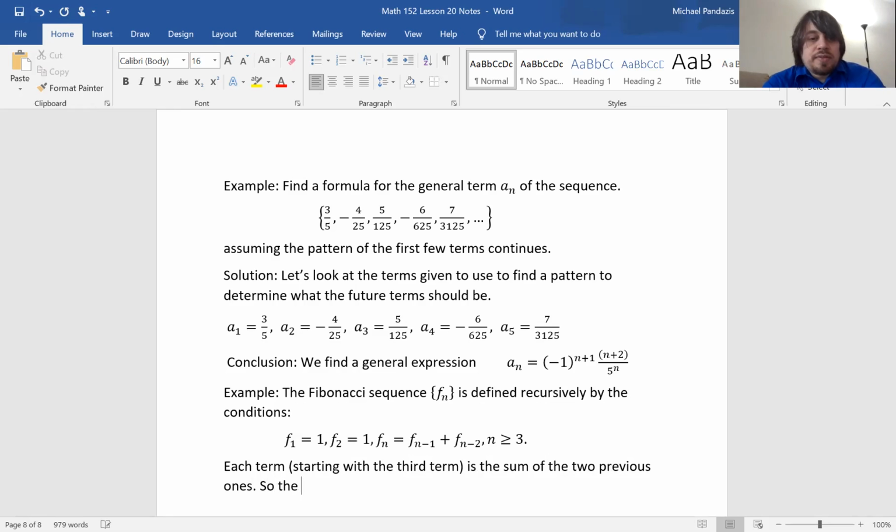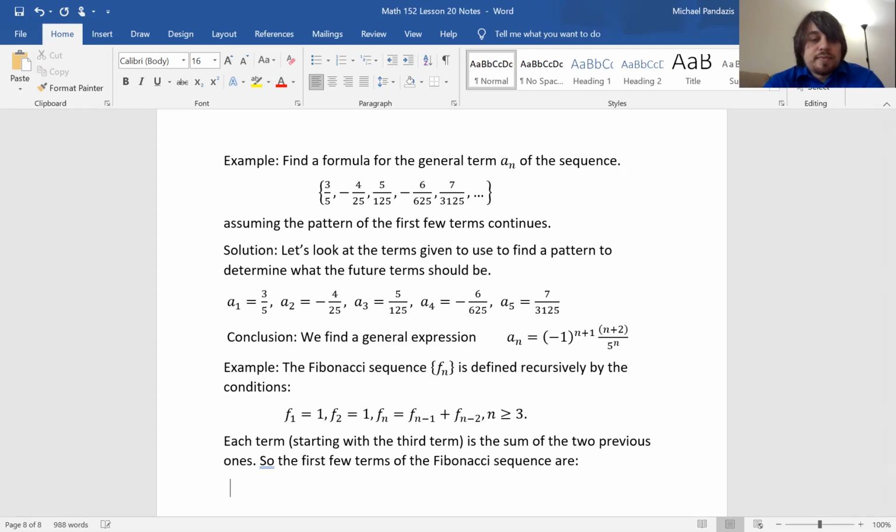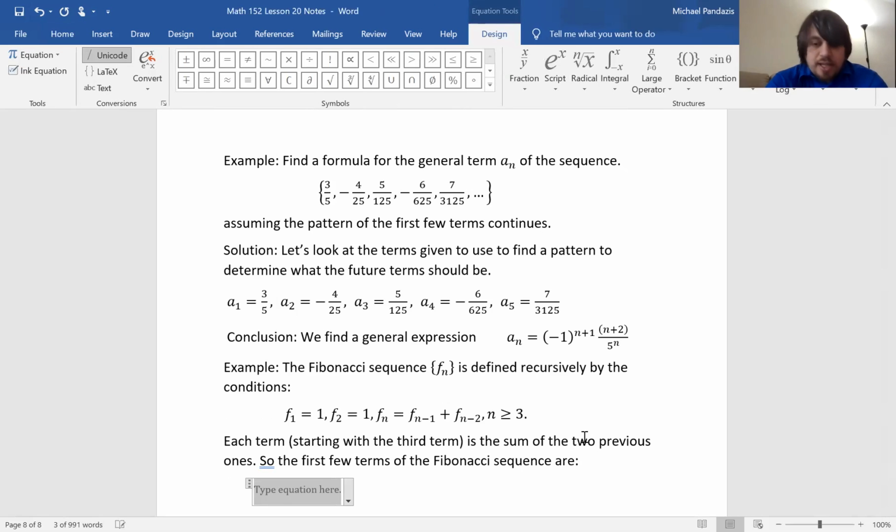So the first few terms of the Fibonacci sequence are, and so you have this sequence here. The first term is 1, second term is 1. The next term is the sum of the two previous ones, which is 2. The next one is 1 plus 2, which is 3. The next one is 2 plus 3, which is 5. The next one is 3 plus 5, which is 8.